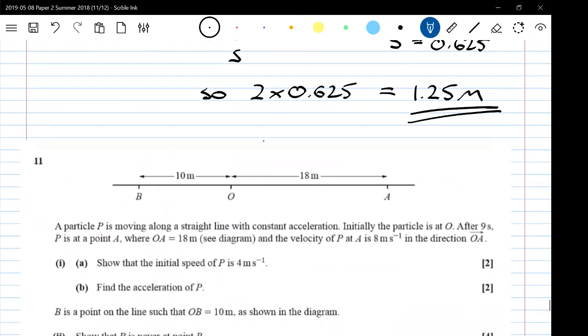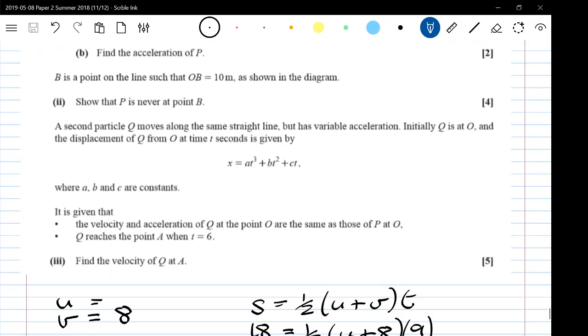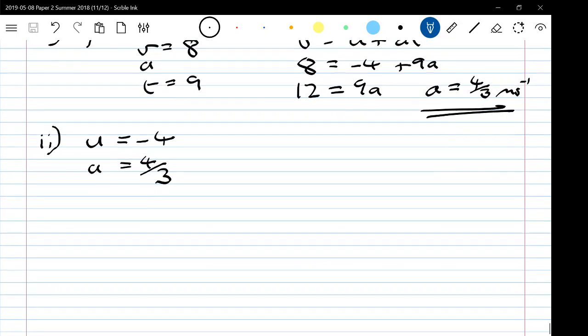It's moving in the direction of B, but it's accelerating in the direction of A. So there's going to be a point where the velocity is 0, and that's the furthest that it goes in the OB direction. So when v equals 0, I want to find how far it's gone at that point. And that's going to be the furthest distance towards OB.